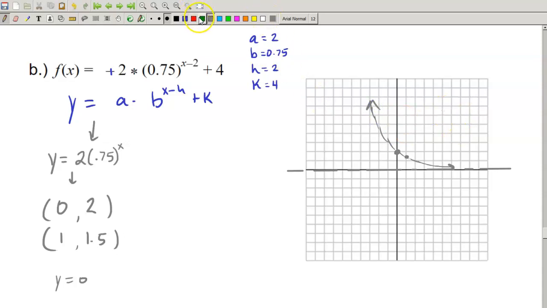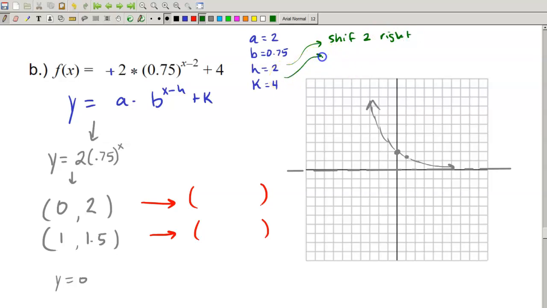Now I'm going to go ahead and add the h and k values. So my new function with the h and k, my 2 points, my transformations, my h value is 2, so that's going to be a shift 2 to the right.